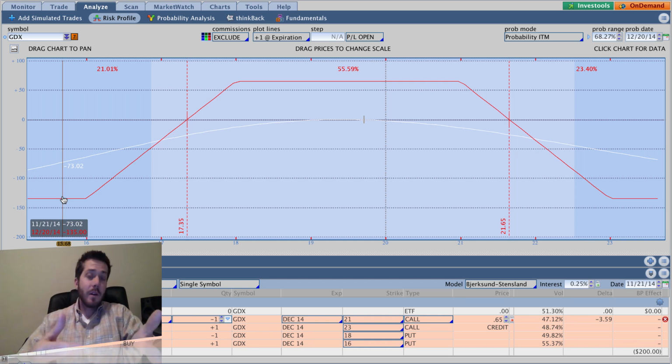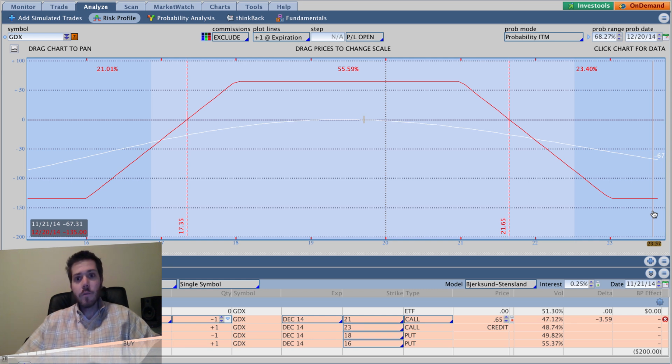Well, in the case of an Iron Condor, you get that same luxury of saying, you know what, I don't want to lose any more than 135 bucks, so I'm only going to do one lot of this Iron Condor. You achieve that goal of making sure that you don't lose any more than 135 bucks, but if GDX is to rally up to, say, 24, you're not forced out of the trade. There's not a specific price that forces you out of the trade.